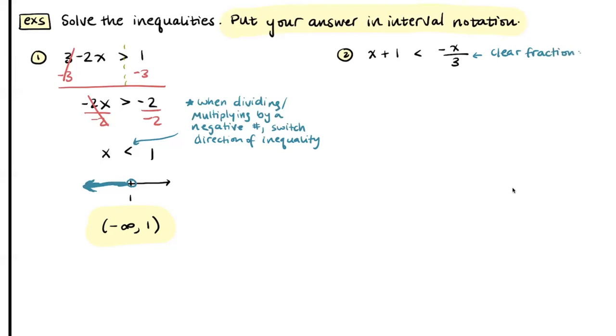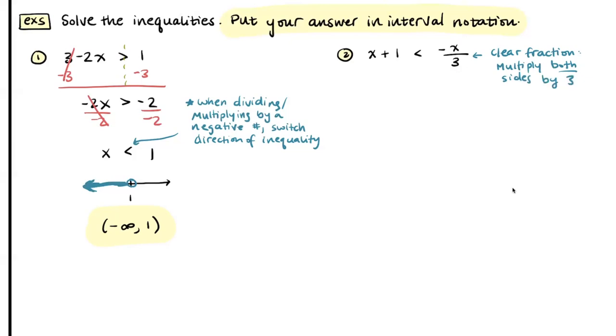To clear the fraction, all you need to do is multiply everything on both sides by the denominator. Here it's a 3. This works for equalities like equations as well. In this case, we're going to multiply both sides by 3.